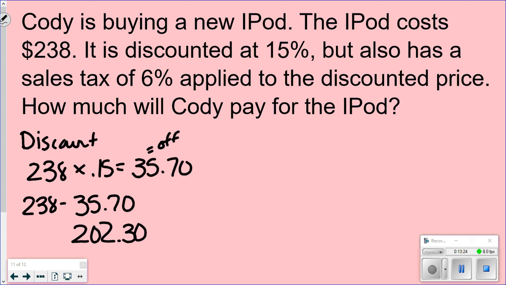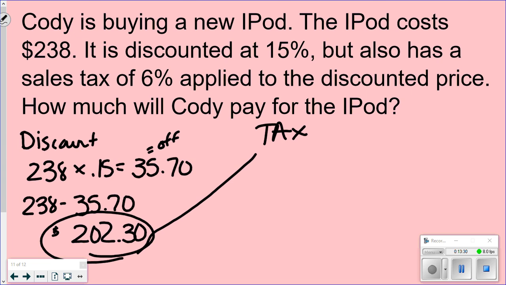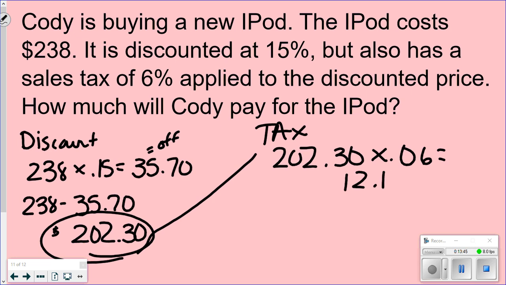Okay, so that's after the discount. So then you're going to use this to figure out the tax then. This is 6% for tax. Times 0.06. And you get about $12.14.